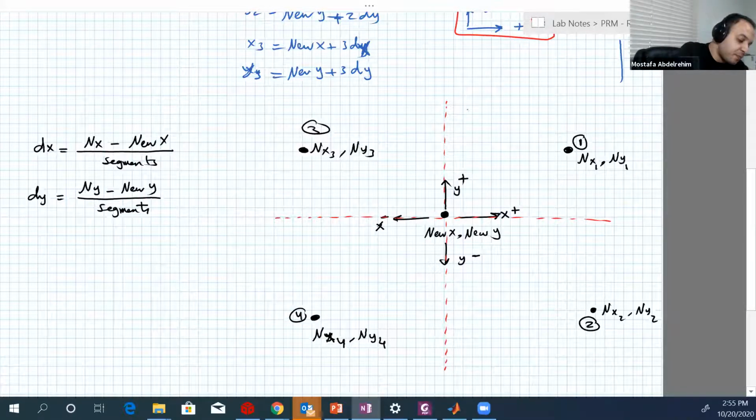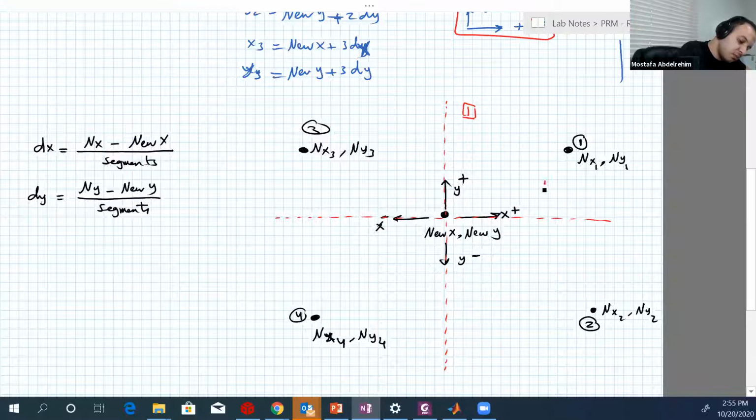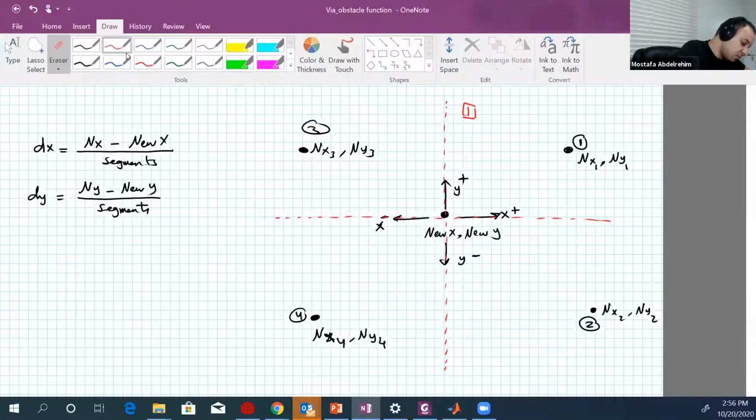Let's first check this quarter here. Here ny1 is greater than new y, and nx1 is greater than new x. So we want to add.